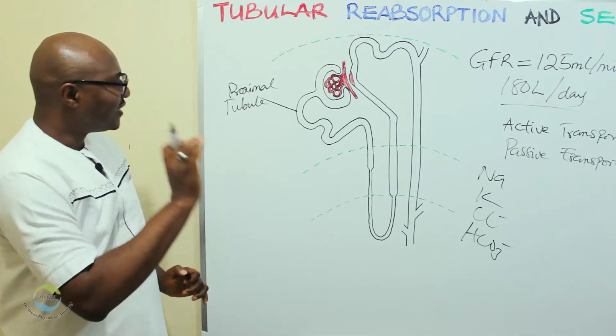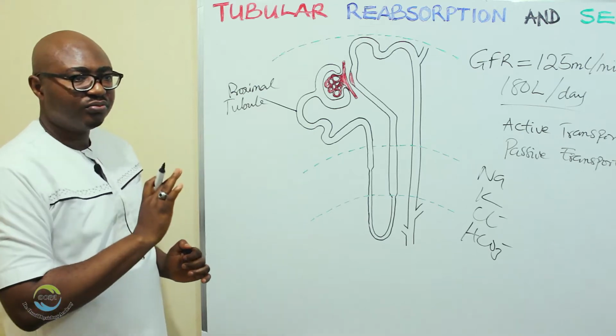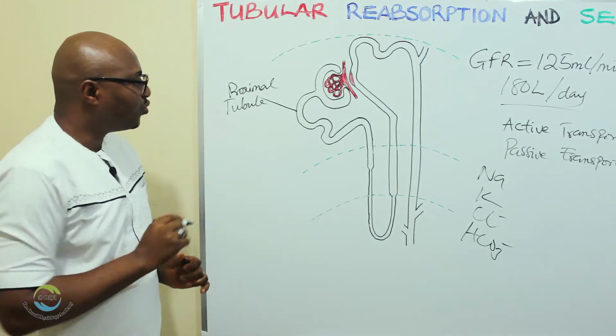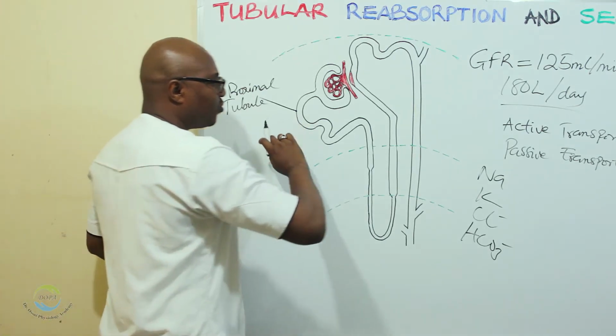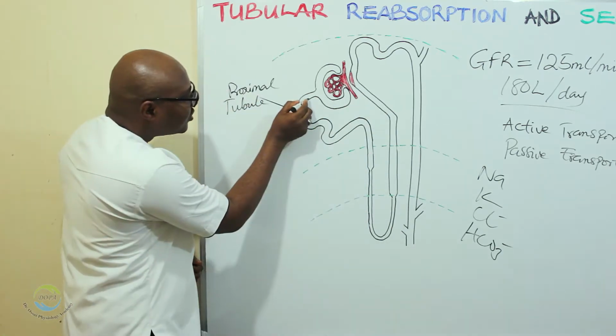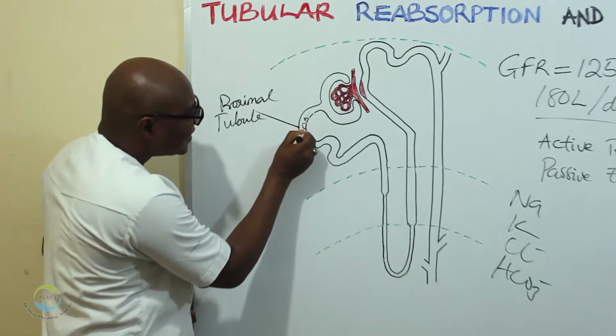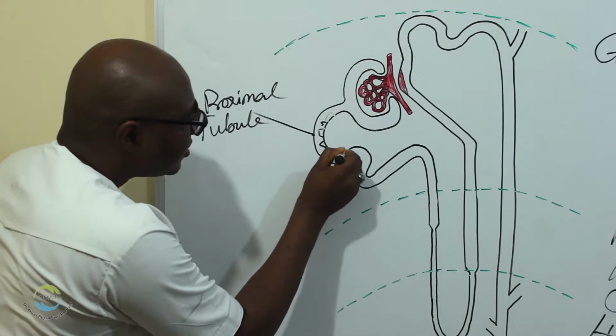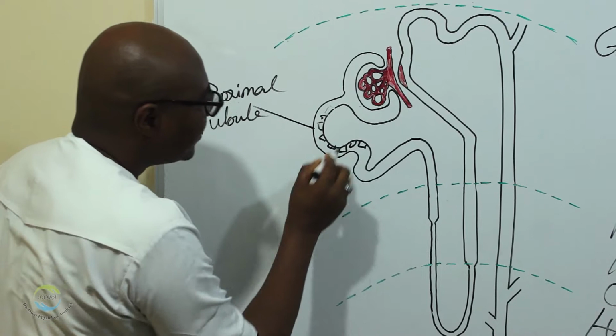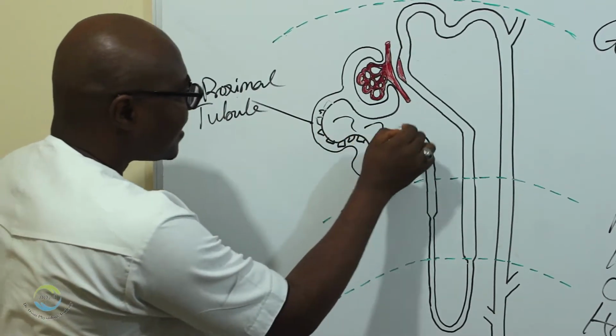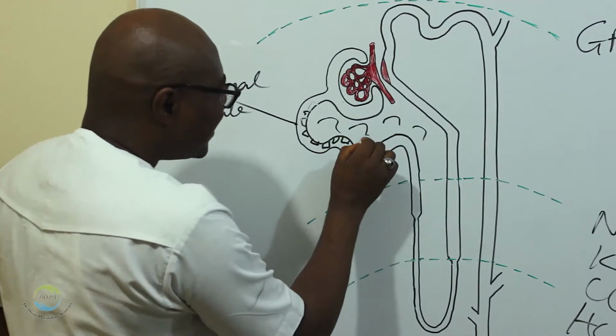All right? So let's start with sodium in this proximal tubule. How is sodium transported? Now, like I said, all these places here, they are cells. A thin layer of cells. Then this place here is the interstitium.